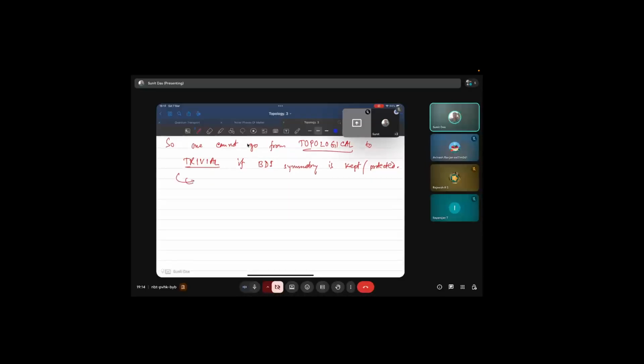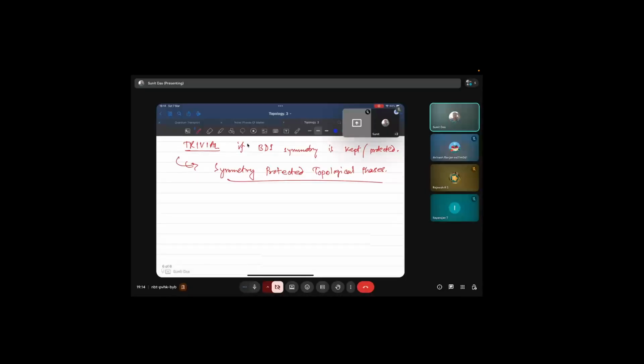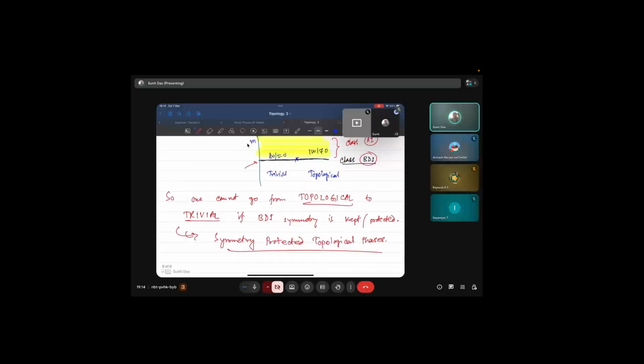So this implies that once you are in the BDI symmetric class, this is referred to as symmetry protected topological phases. Okay, so any questions? Please ask.